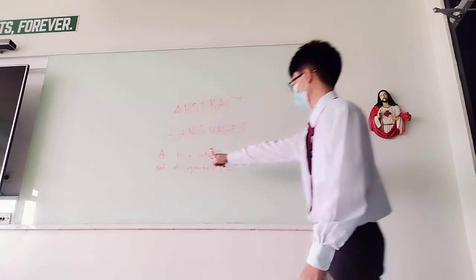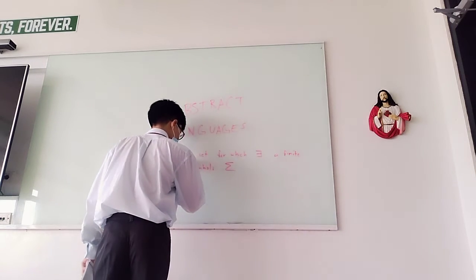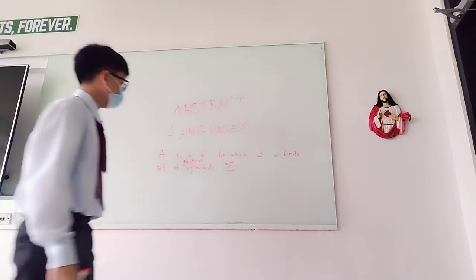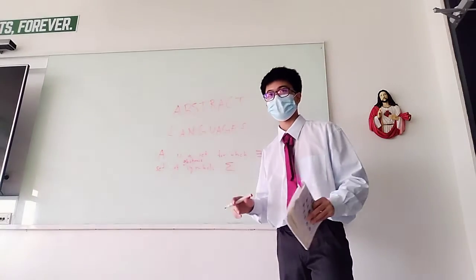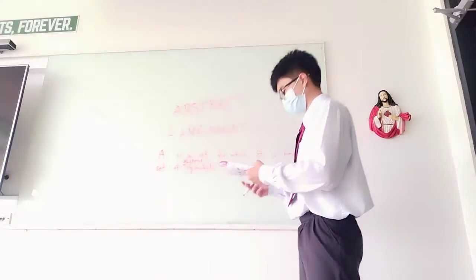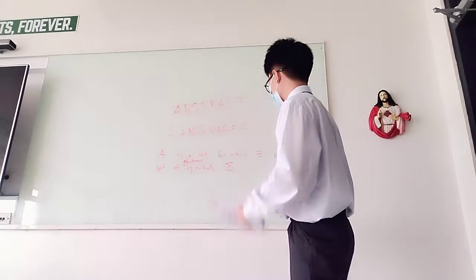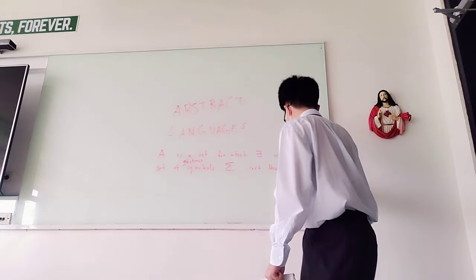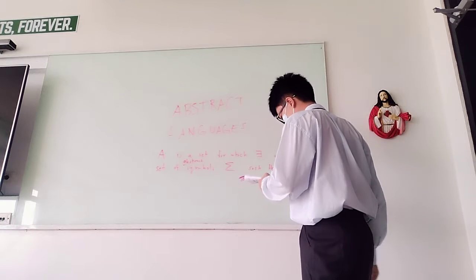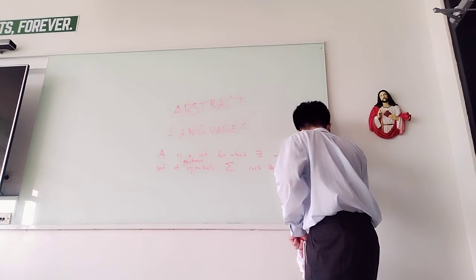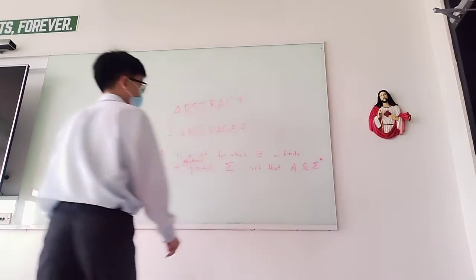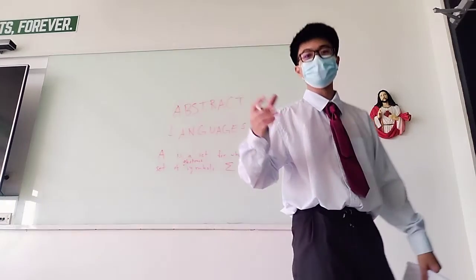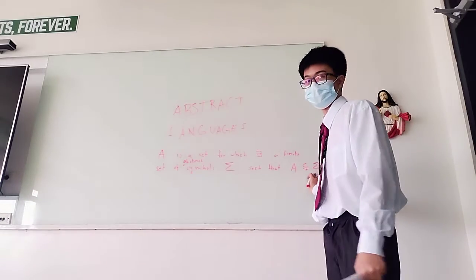Abstract symbols, so it can be something that's not entirely the English alphabet. It could be perhaps numbers, or Greek symbols. Such that A is a subset, but not the entirety, of sigma star. Wherein star, of course, is the concatenation operation. And the concatenation operation, as I said a while ago, gives all the finite words that we can form from the elements of this set.